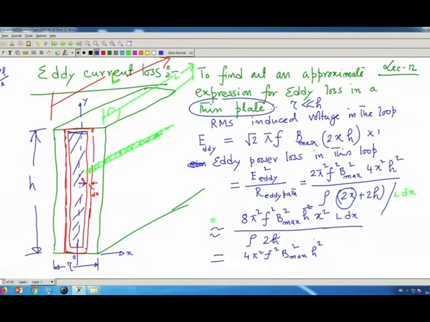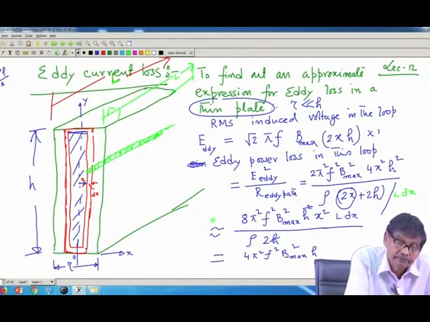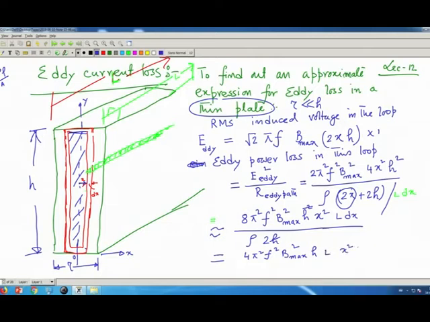So, it becomes h and then x square into L into x square dx.